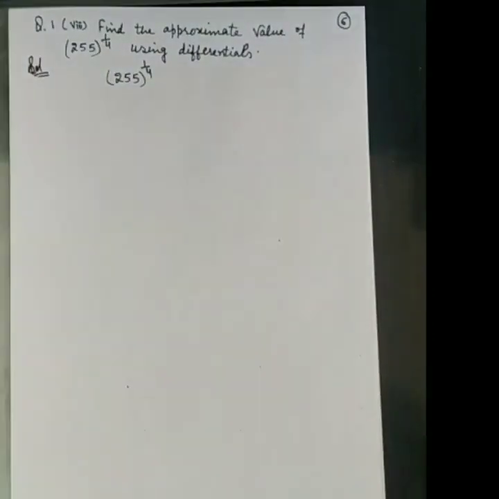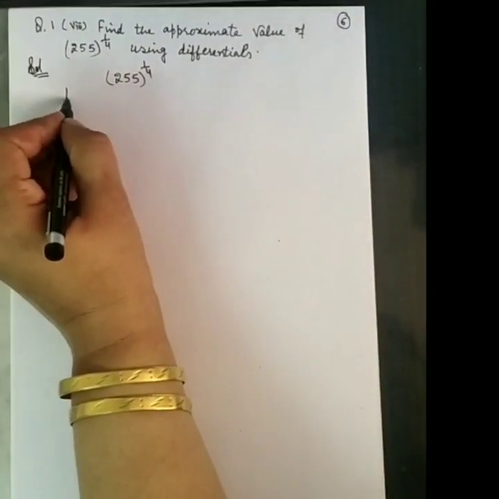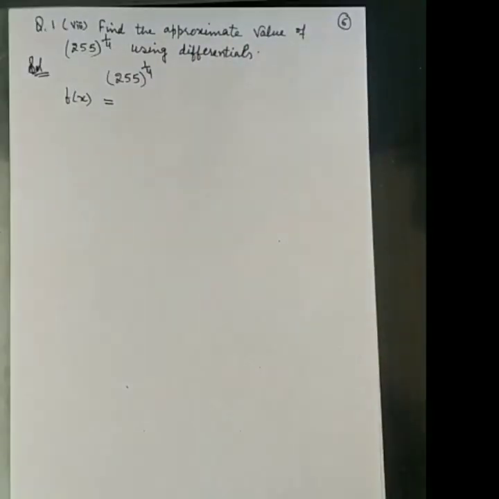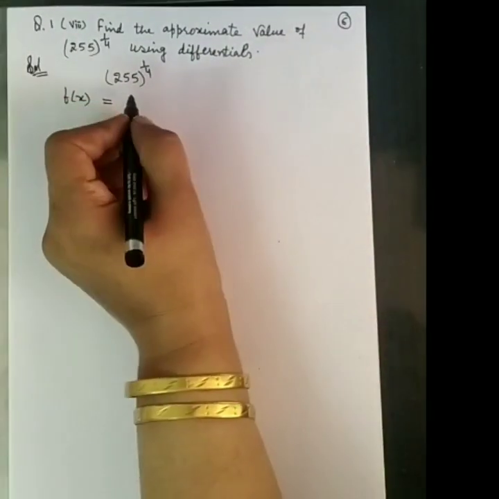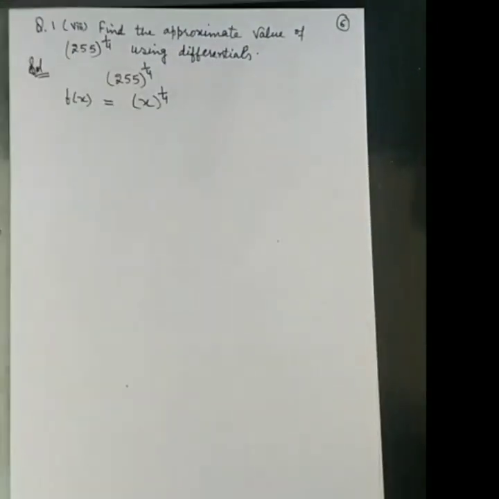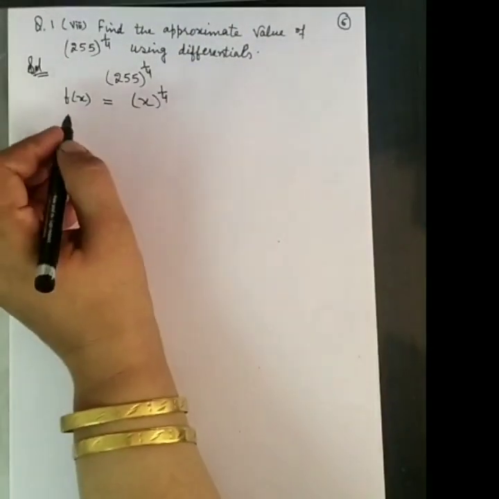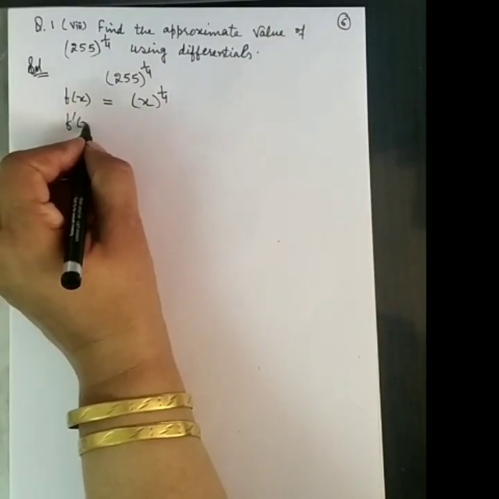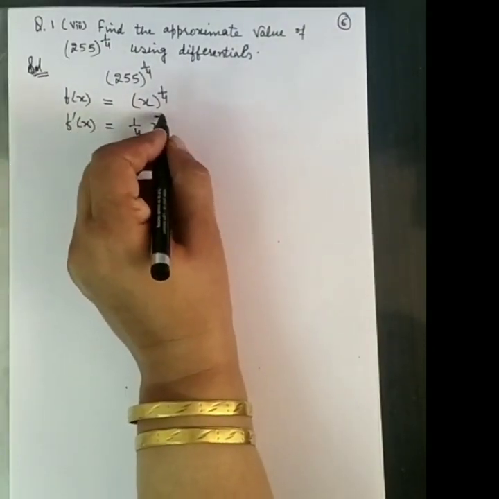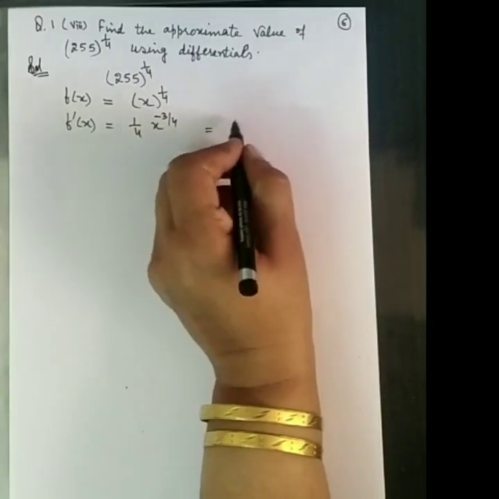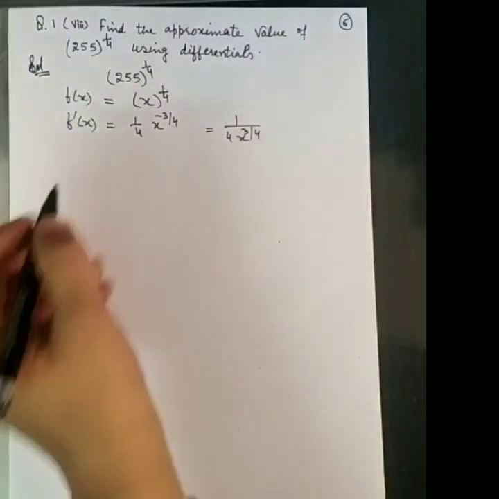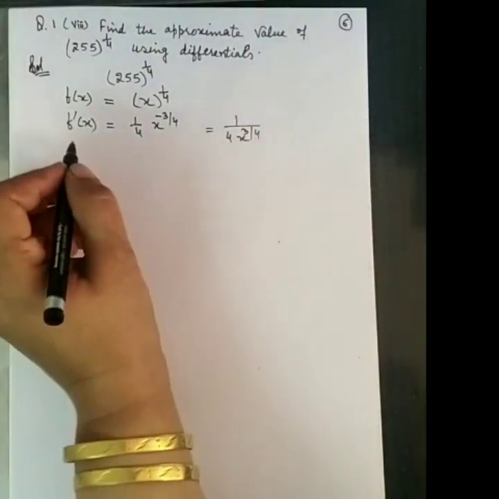Now identify the function. Let f of x be, yes, think over it. Yes, it will be x raised to power 1 by 4. Now find the derivative, that is 1 upon 4 x to power minus 3 by 4, which is 1 upon 4 x to power 3 by 4. Now choose the values.